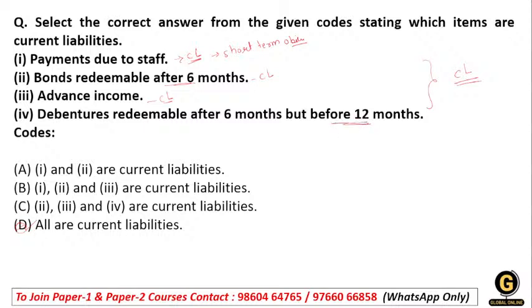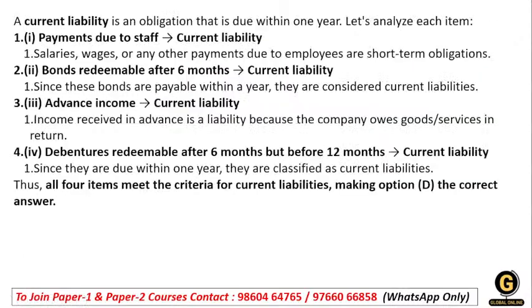So they are classified as current liability, because they cover the period of short term. This is a kind of short term obligation. That's why all of these are correct examples of items of current liability.